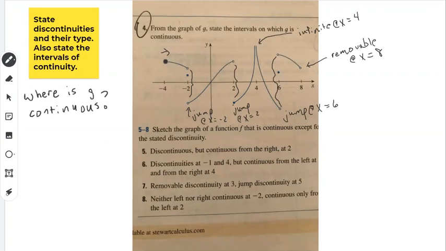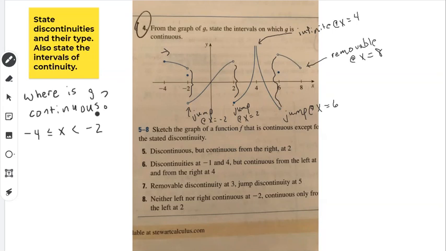We start here at -4. There's a point right here. And then we keep on going until we get to -2. And then we have to stop because we have to pick up our pencil from the paper right here, right? So the first interval of continuity is from -4 to -2. So here's the way I'm going to write it. I'm going to say x is between -4 and -2.